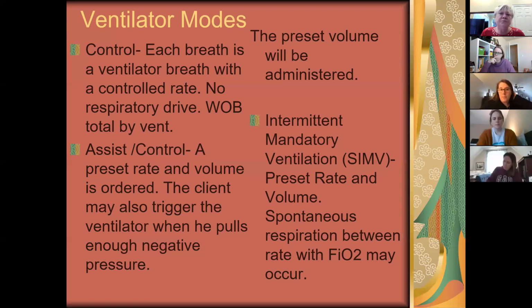Janie, I have a question. Sure. So in the assist control, if they do breathe greater than that 16, does it technically knock out that control, or are they still getting that same control? They still get the same control. They're going to get those 16 breaths no matter what. Okay, thank you.